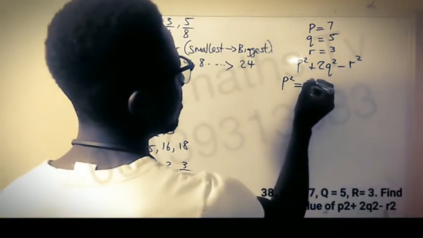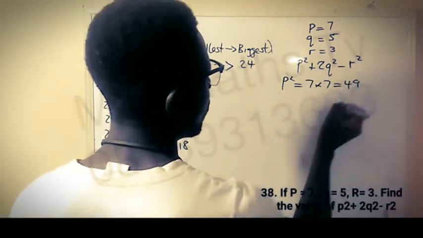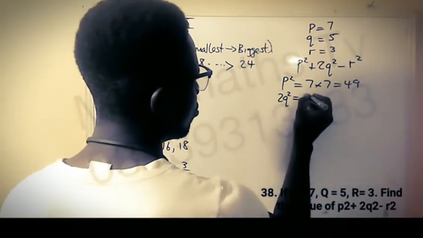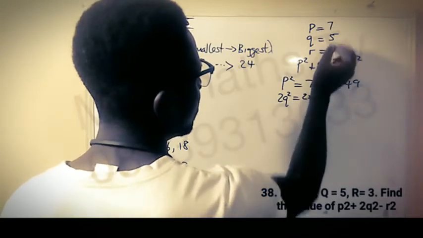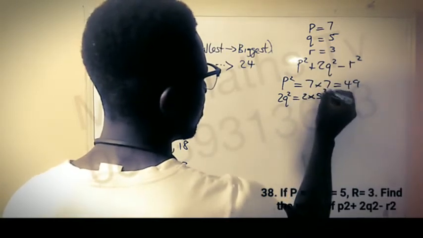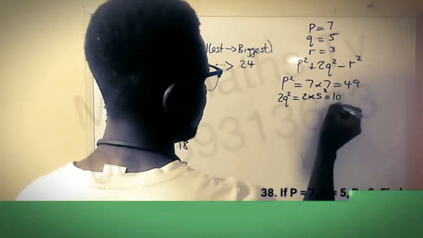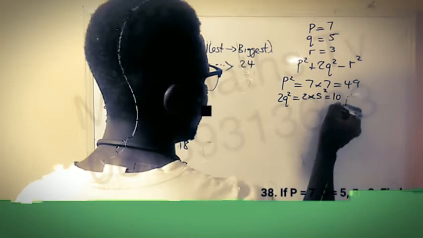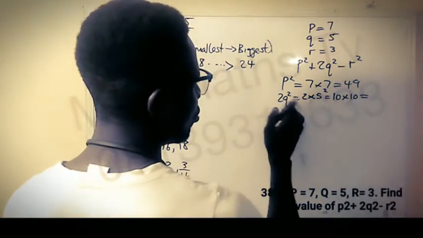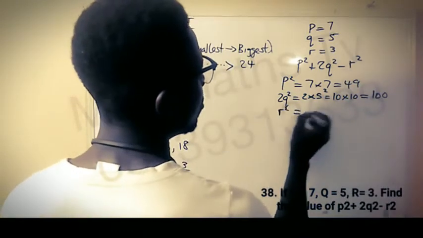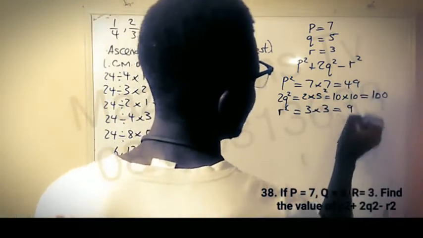So P raised to power 2 is the same thing as 7 times 7, which is 49. 2Q raised to power 2: first find the value of 2Q, that will be 2 times Q. Q is 5, so that is 10. Times 10. That means whatever value you get in 2Q, you multiply by itself, and that gives 100.